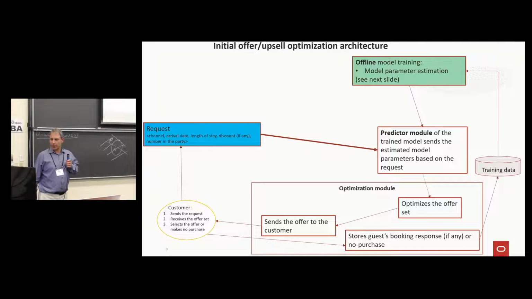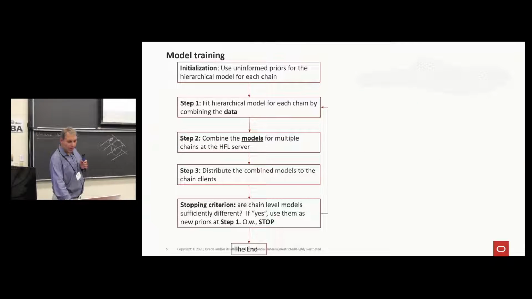So this is a general flow diagram. The offline model training happens in the green square on top. Then this predictor module interface is used by the optimization module, and the optimization module does all the optimization, for example, price optimization. For model training, we thought of a two-level approach.